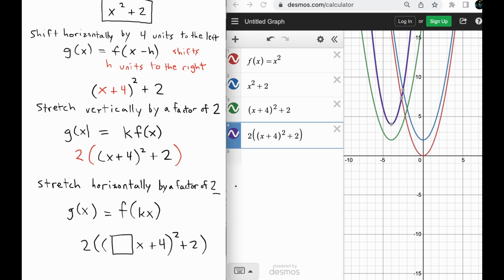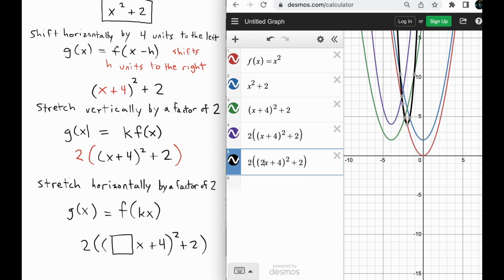You might think it would be 2, but it's actually not 2, because if we do that, we don't get what's called a stretch. It would be a compression. A compression means you're moving your function closer to the axis. So the larger the thing I multiply by, the more squished it's becoming.